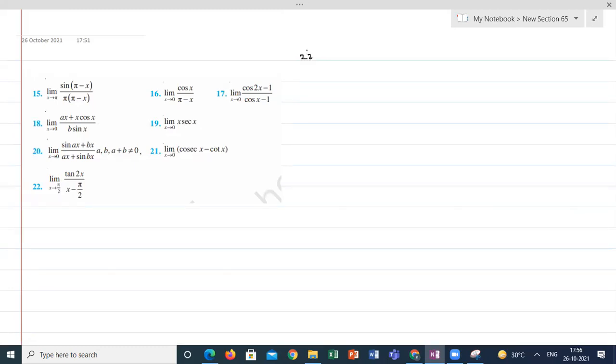Please solve the 22nd question. Limit x tends to pi by 2, tan 2x divided by x minus pi by 2. How will you do this question?